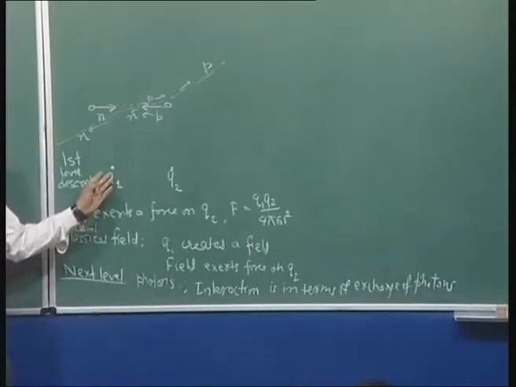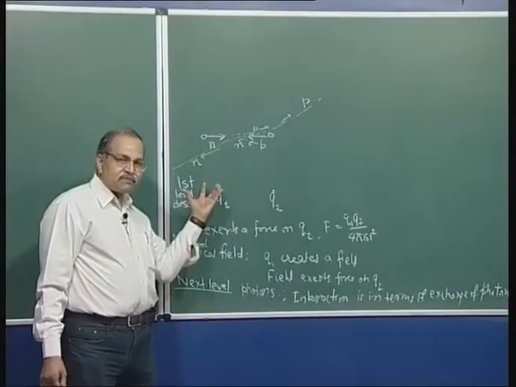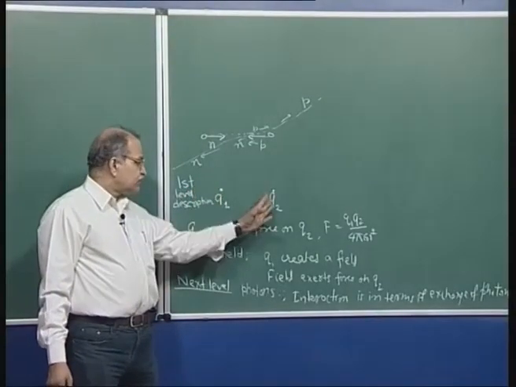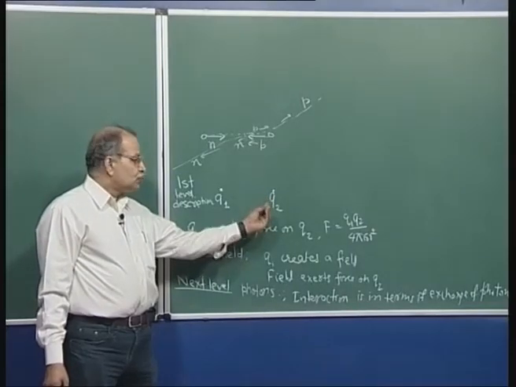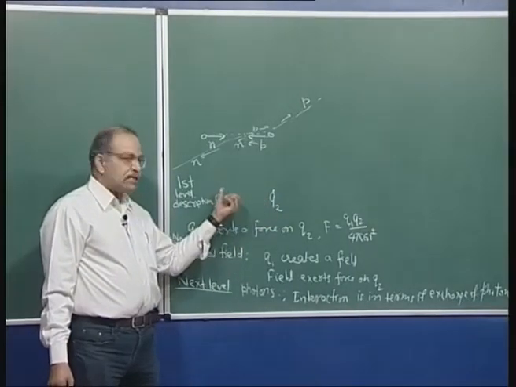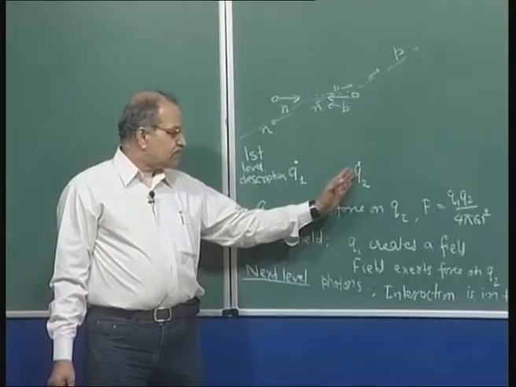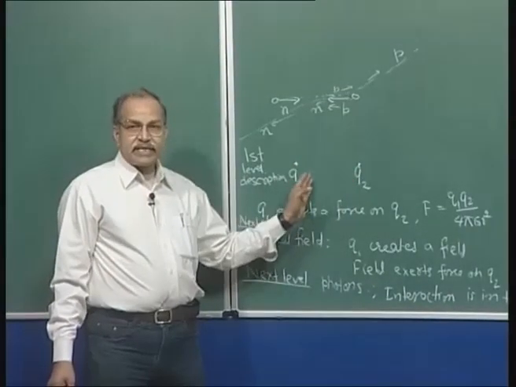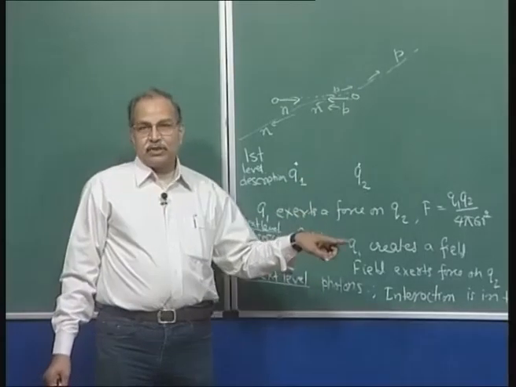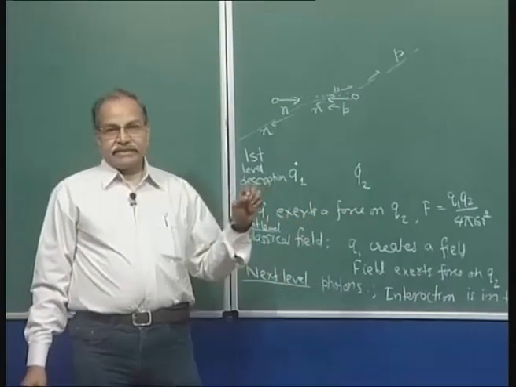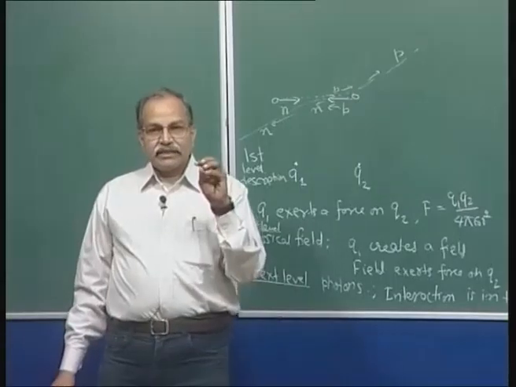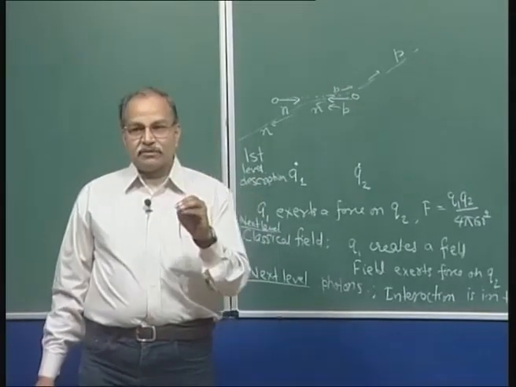You say that Q1 emits photons and those photons are absorbed by Q2, Q2 emits photons, those photons are absorbed by Q1, and these photons used in this interaction are called virtual photons, in the sense that they are not experimentally observable.